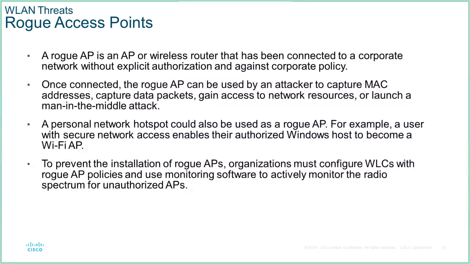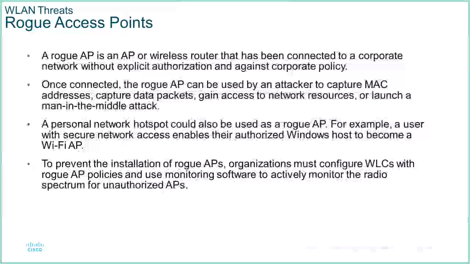They can be just people too lazy to plug in a cable on a laptop and bring in a device from home and hide it underneath a desk, or it could be a deliberate attack, somebody plugging in an access point to try to attack the network remotely. All sorts of different things can happen here.